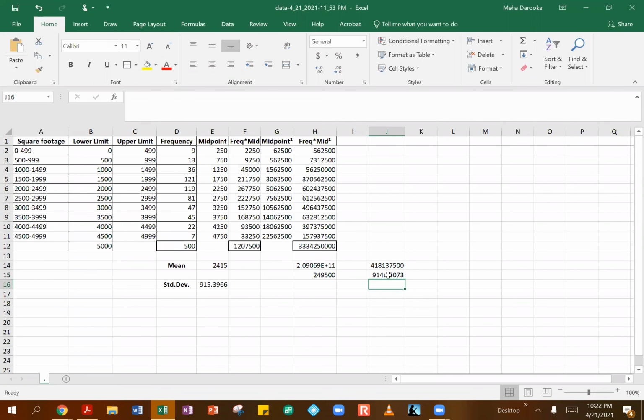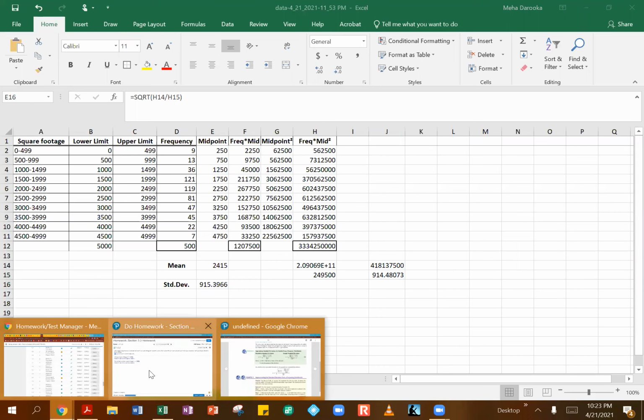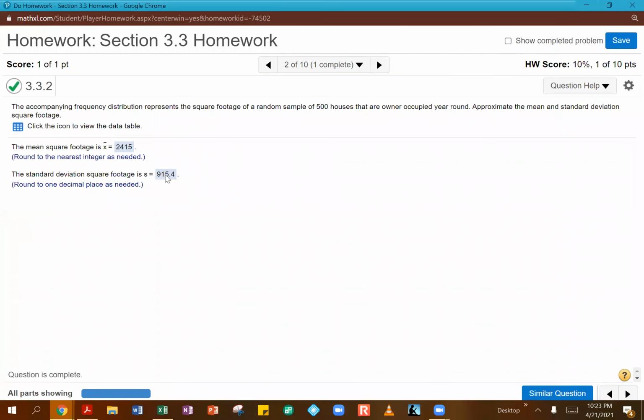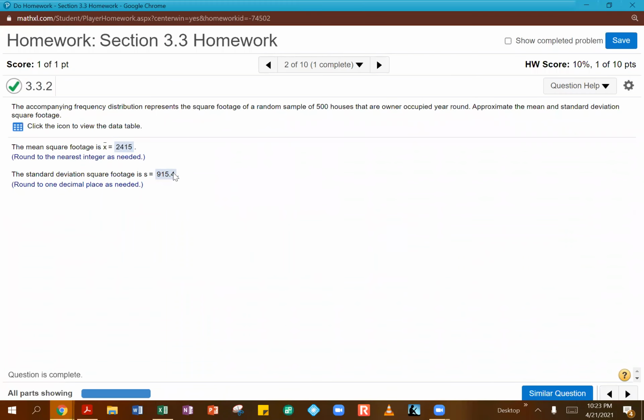And you will see, just because we're using a slightly different version of the formula, your number changes a little bit, but obviously you are still going to be okay in terms of your answer, because this one here will have a tolerance built in. So even if you typed in that 914.5, it would accept your answer over here.